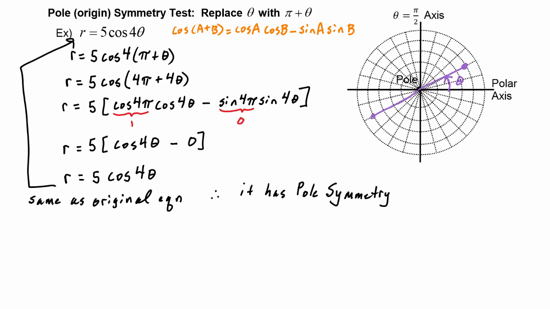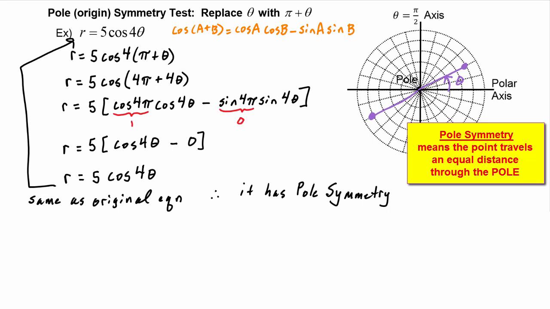And it ends up over here. So I want to make sure you understand that pole symmetry means the point travels an equal distance through the pole. So from its starting point, it travels directly through the pole and goes an equal distance, and in this case, ending up in the third quadrant.